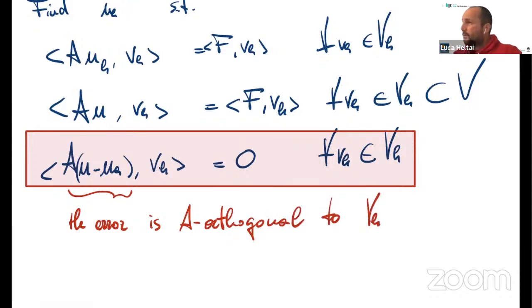And this comes simply from defining the subspace capital V_H as a finite dimensional subspace of capital V. Okay? And this is also known as Céa's lemma.